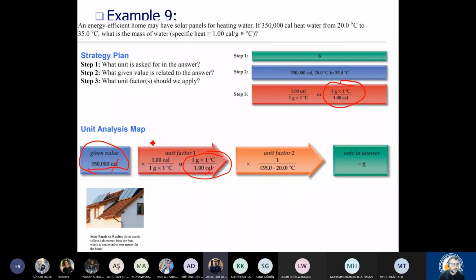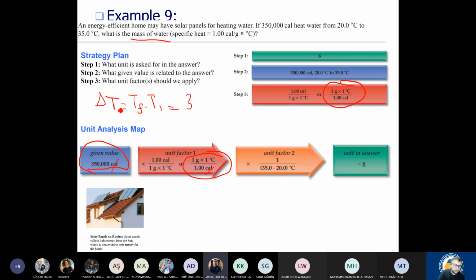After that, to find your answer in gram, because you are going to find the mass of water, you must multiply by something in Celsius, because you want to cancel Celsius. What do they give you? They give you that the temperature changed from 20 to 35 Celsius, and we know that if there's an initial and final temperature, we use T final minus T initial.